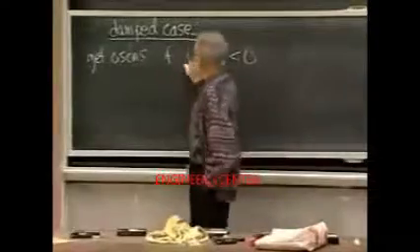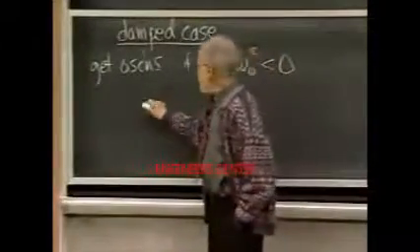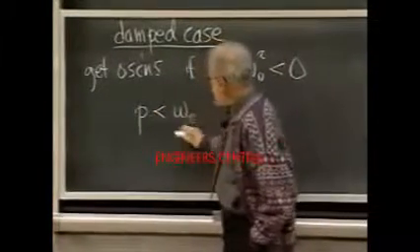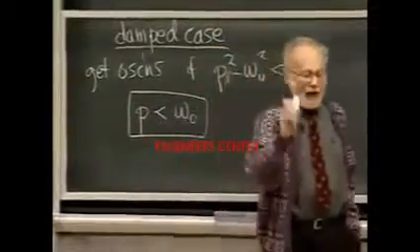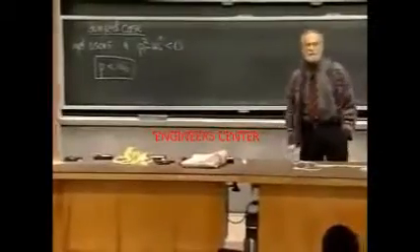In other words, remember these numbers are all positive, p and omega naught are positive, so the condition is that p should be less than omega naught. In other words, the damping should be less than the circular frequency.